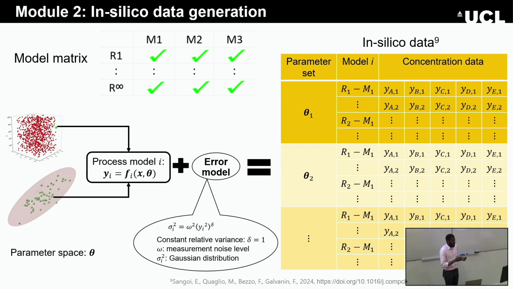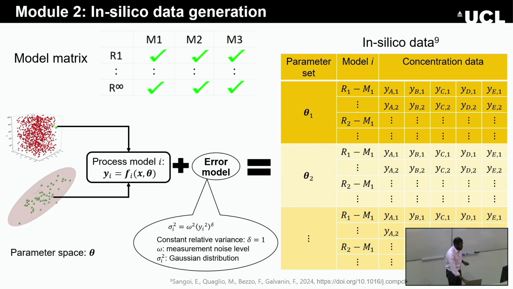And we would then supply the design space indicated by this, and then the parameter space. So for each model, we would be able to generate simulated results.